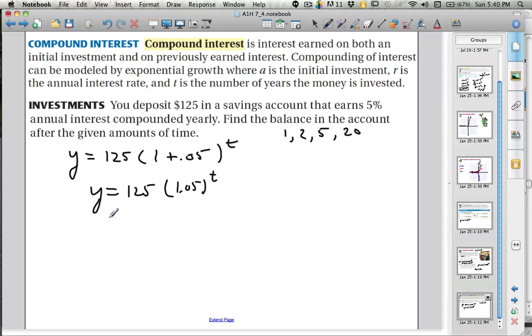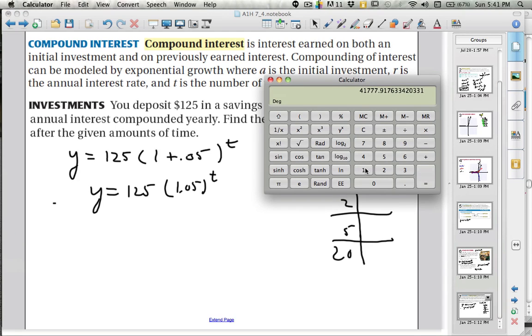Right, so it's pretty simple if I go ahead and plug in 1. So let's go ahead and look at this for 1, 2, 5, and 20. So you can get the sense of what the compound interest thing is all about. When t is 1, then I just have 125 times 1.05.